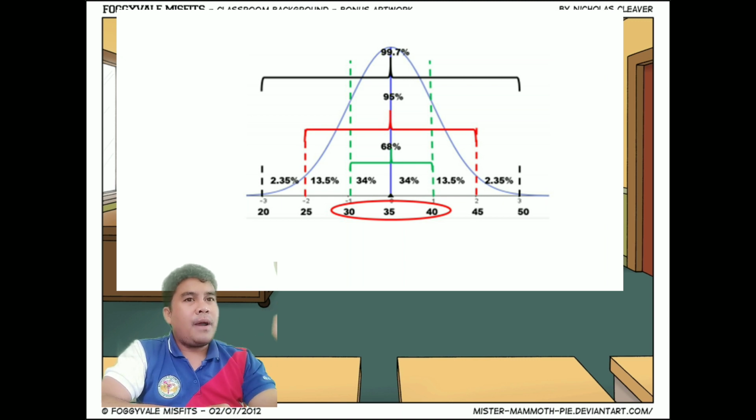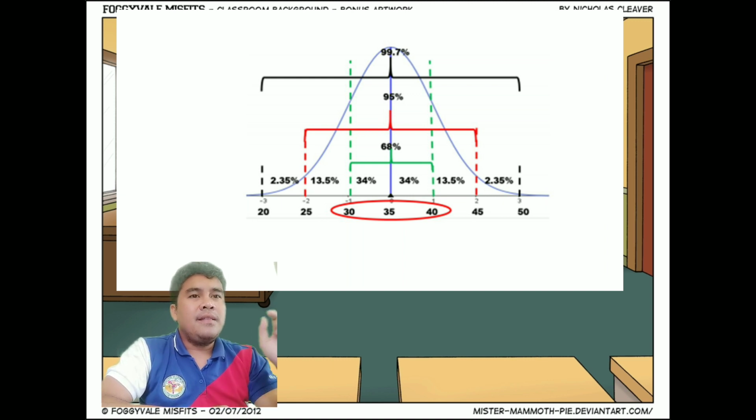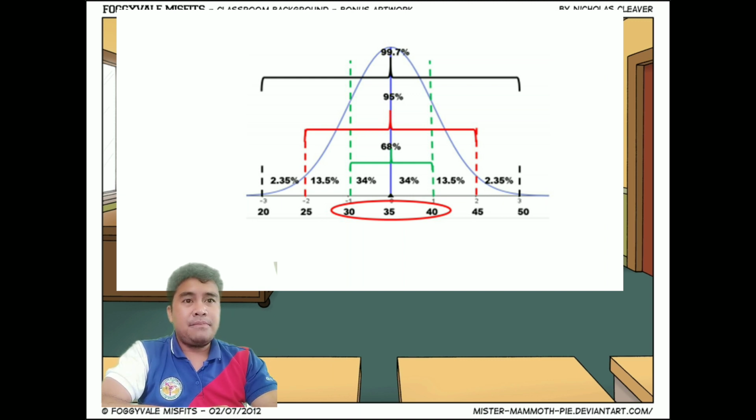So put 35 at the center as our mean in the normal curve. Then add 3 times the given standard deviation to the right. So we have 35 plus 5 is 40. 40 plus 5 is 45. Then 45 plus 5, that is 50.